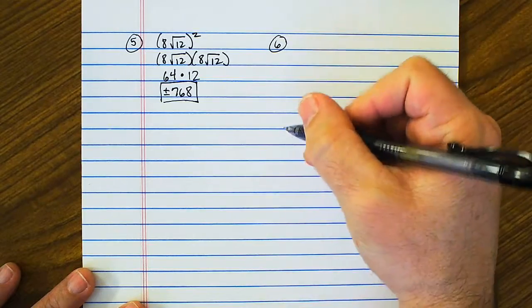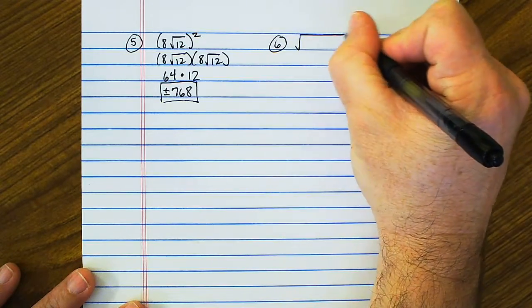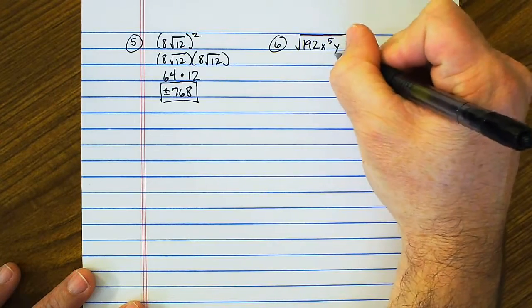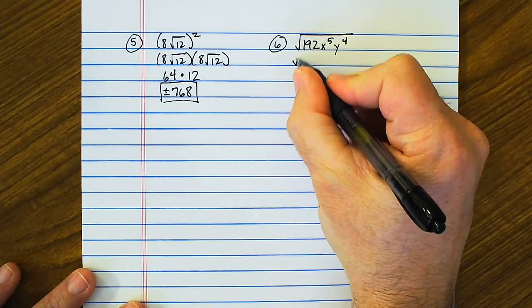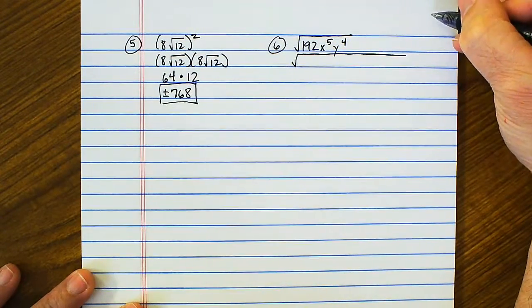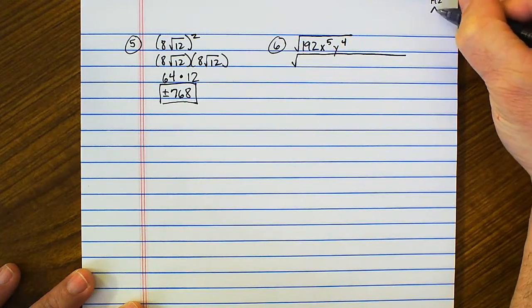Number 6, we've got radical 192 x^5 y^4. So we're going to have to break down the 192. I'm going to try to squeeze it in over here.